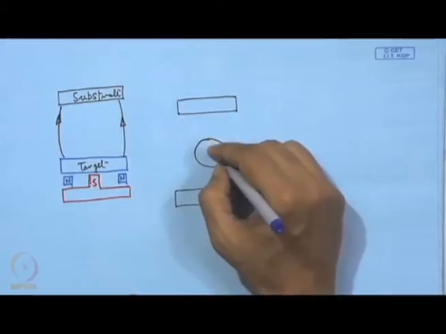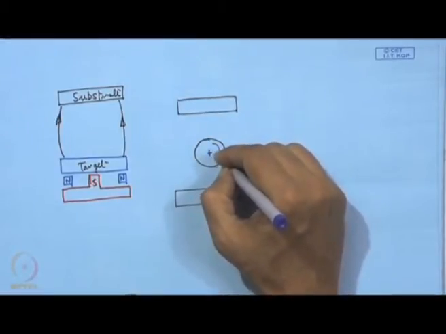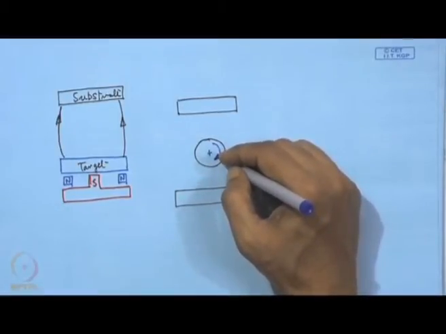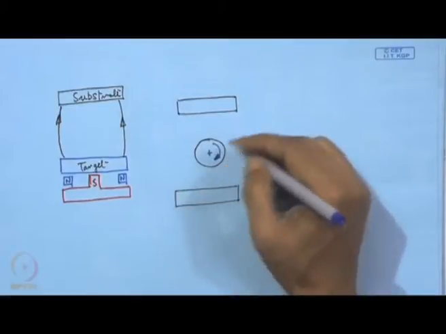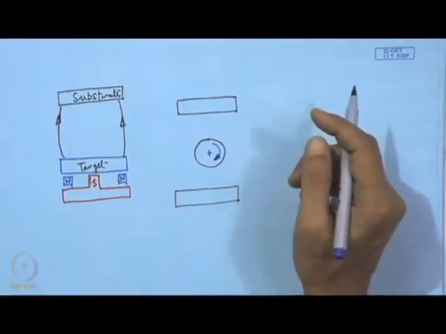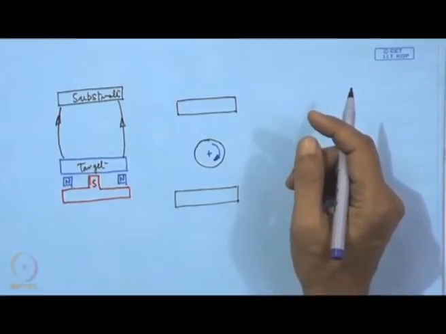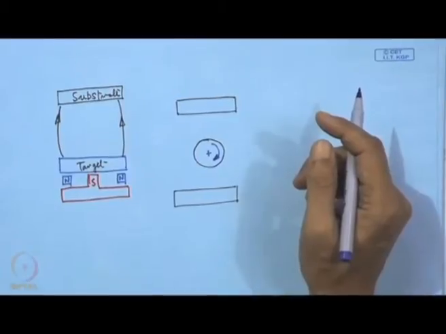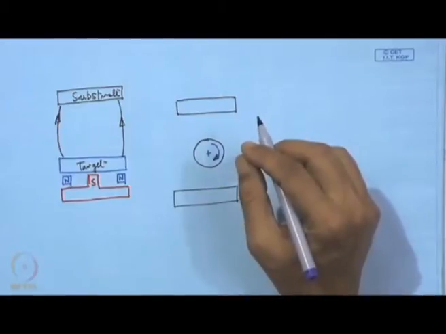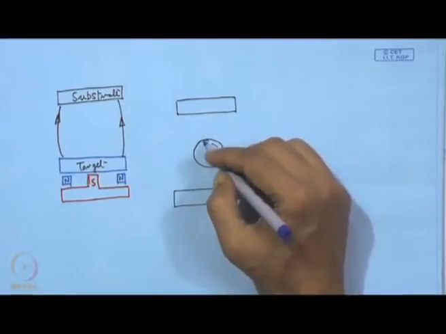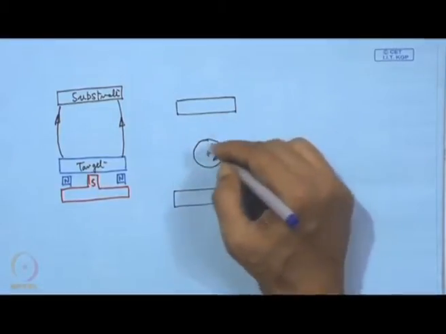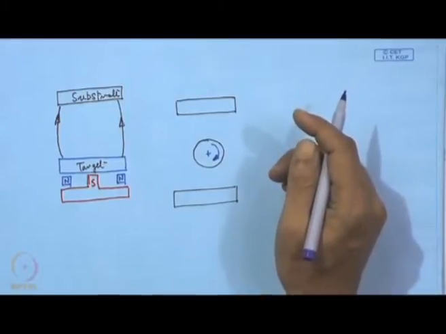The substrate can be placed on this table and it can have rotation, and this can be a single stage rotation, 2 stage rotation, or even 3 tier rotation, sun, planetary, satellite type of rotation, to have better exposure to all geometrical detail, all the points on this complex geometry that need to be exposed to this ion flux or this sputtered flux. So, for that we must have all this mechanical arrangement.